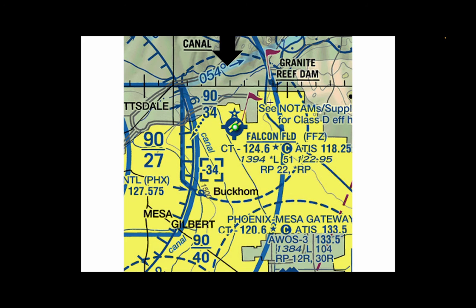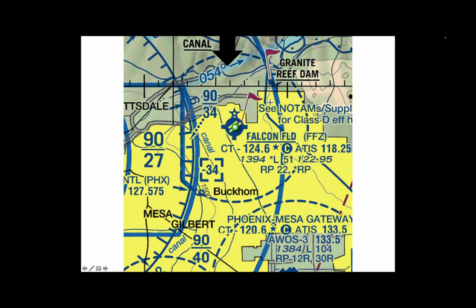Now, what comes after that? Well, we've got this Class B airspace out here, so we should figure out where that is. If we look around, we need to find two numbers. Here are our two numbers. These two numbers are describing the bottom and the top of the controlled airspace in this section. Notice that these numbers are outside these other Class D airspaces.